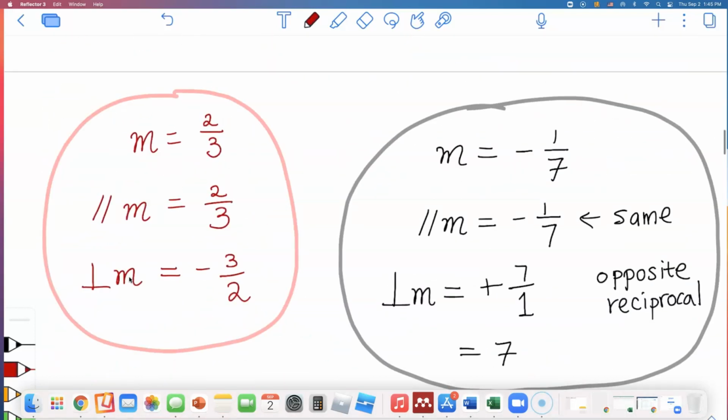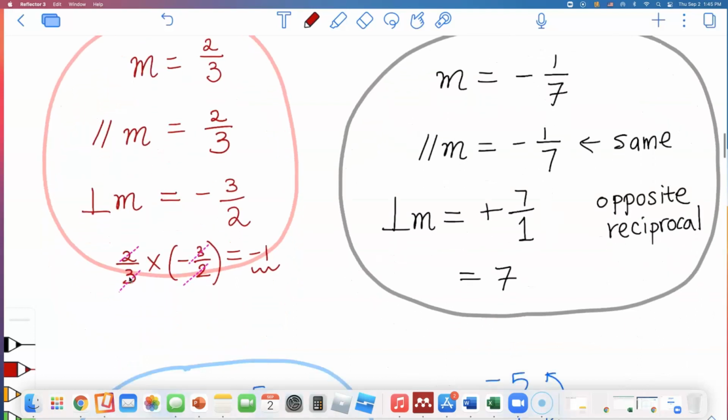Over here, if I multiply the original slope of 2/3 times the perpendicular slope of -3/2, what will I get? Well, look, 2 cancels out, 3 cancels out. The only thing that's left is the negative, which means it's -1. So they do multiply and give you -1.